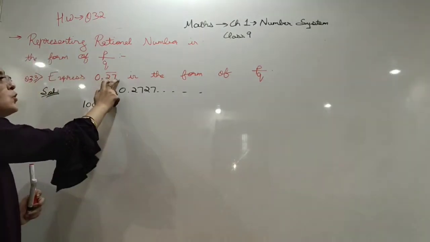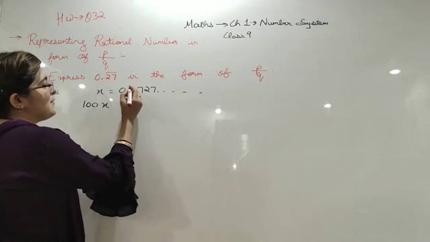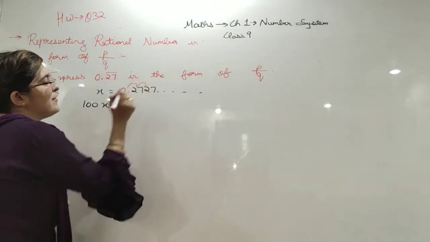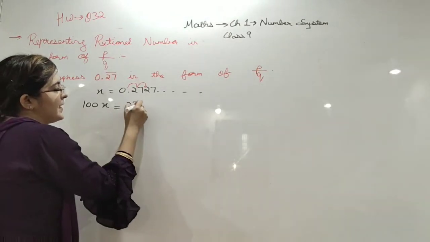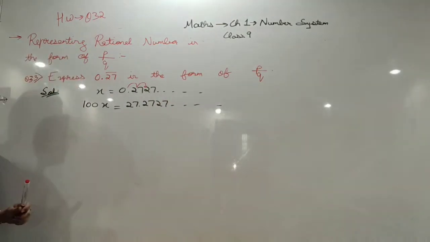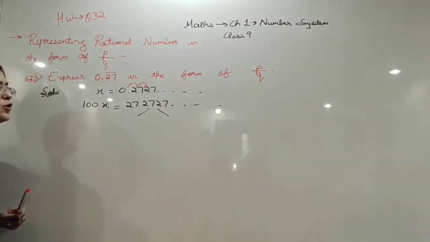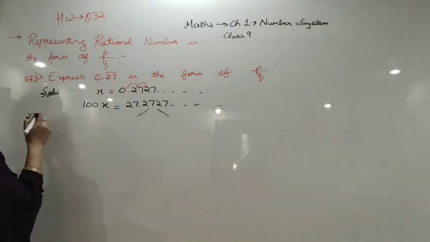Now it is on 2 digits, so we will multiply it by 100. By multiplying this by 100, the decimal will shift by 2. So it will become 27.2727 and so on. Now we have to split it into 2 parts. For this we have to subtract this from this.